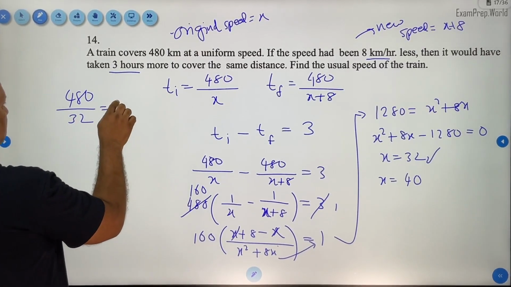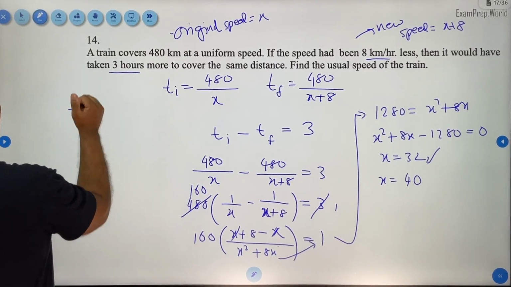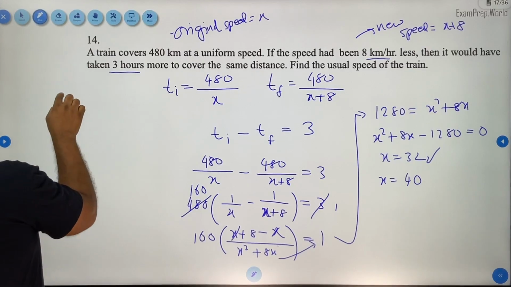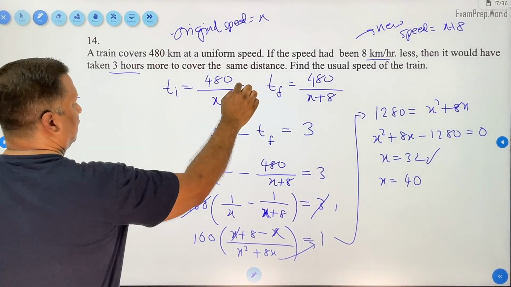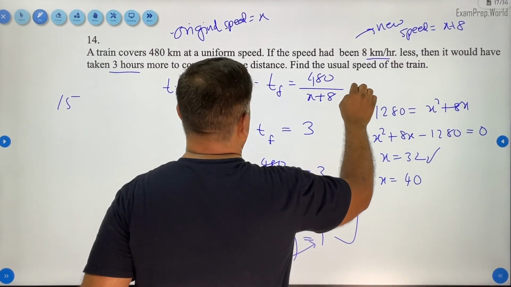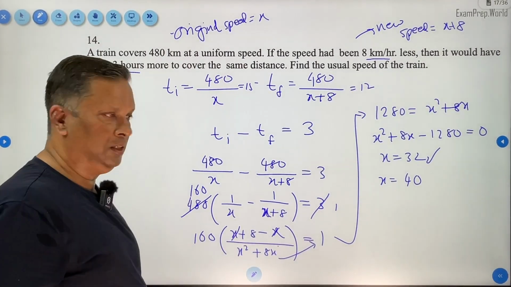What is this? 480 divided by 32 is 15, and with the new speed this is giving us 12. So yes, the 3 hours difference is there. So our answer is right.